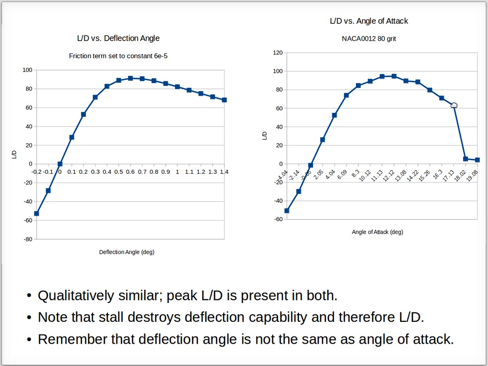But anyways, here is obviously the stall point, and stall is when the wing fails to be a good deflector, and so that's where you get this huge deviation. This is sort of evidence of the validity of this deflection interpretation of lift.